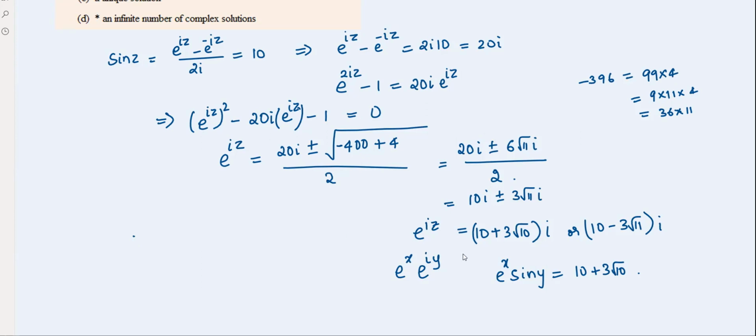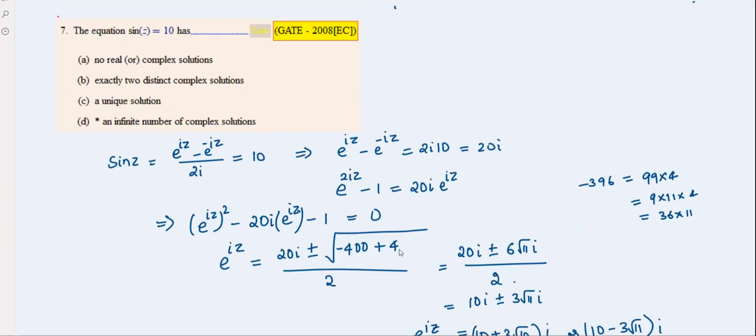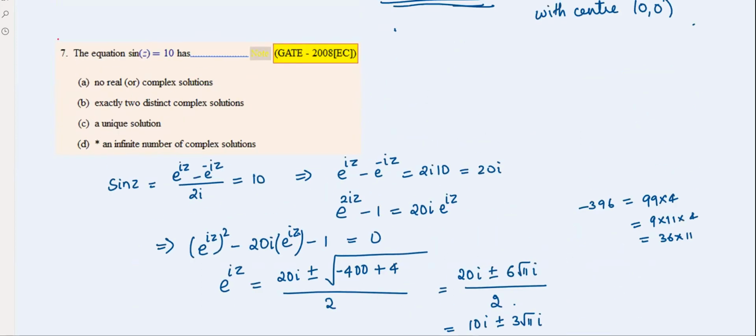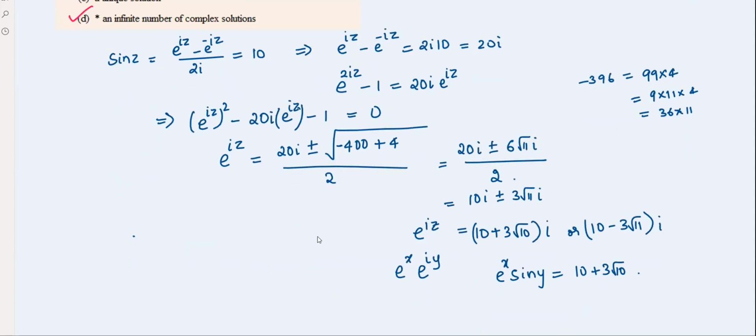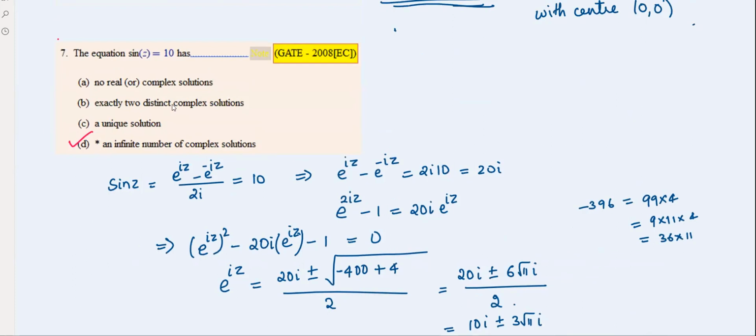So you'll get infinite values, which will be complex in nature. You won't have real solutions because it already has complex terms. So sine z equal to 10 has an infinite number of complex solutions.